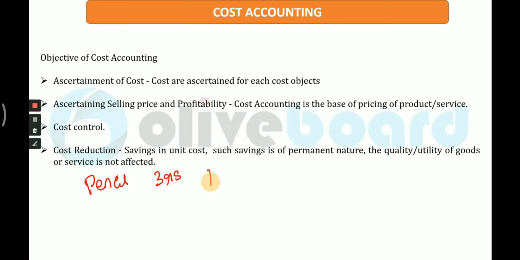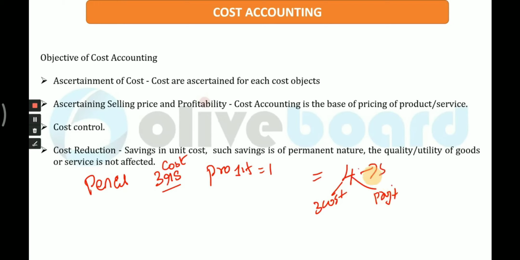I need a profit of 1 rupee and I incurred 3 rupees to manufacture that pencil. Then what should be my selling price? How much should I charge the customers? If I sell it at 4, then 3 rupees goes towards cost and 1 rupee is the profit I will earn.